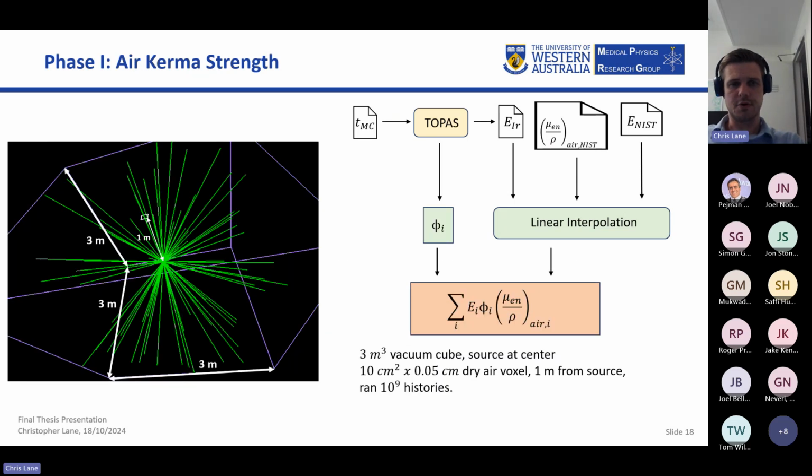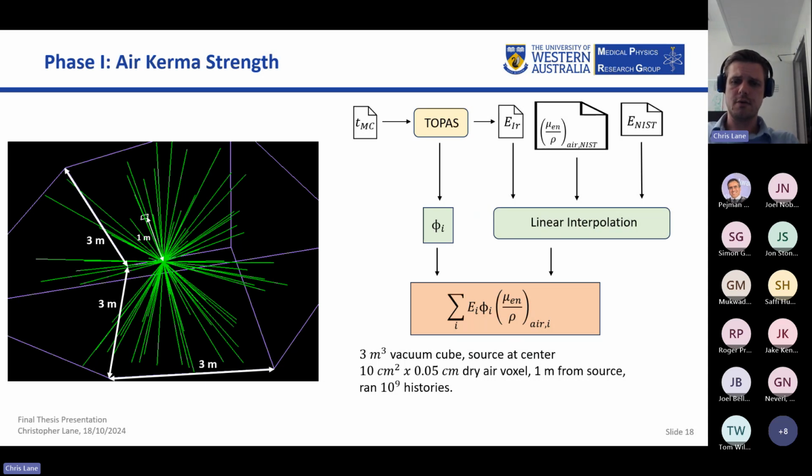Once that was done, I was then able to construct the Kerma parameter. This is just a 3 meter cubed vacuum with the source in the center, and then there's a 10 square centimeter by half a centimeter dry air voxel 1 meter from the source. I ran this for 10 to the 9 histories to get the photon fluence.